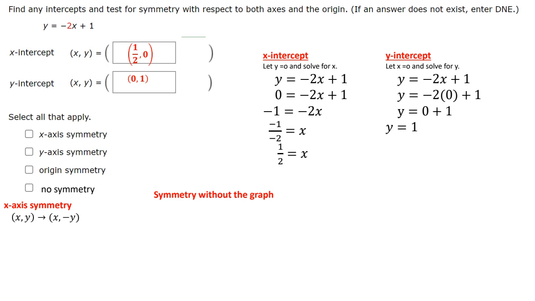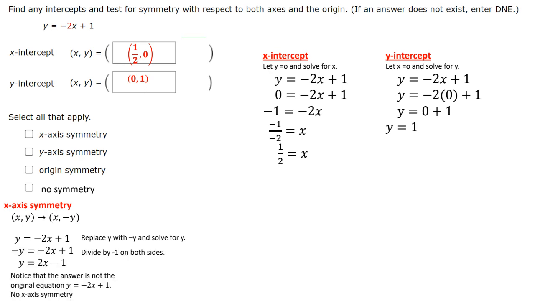So just to review, to check for x-axis symmetry, what we do is we replace the y value with a negative y, and if we get the same equation, then it has that symmetry. So for our equation y is equal to minus 2x plus 1, we replace the y with a negative y, and we have minus y is equal to minus 2x plus 1, and then we want to solve for y again.